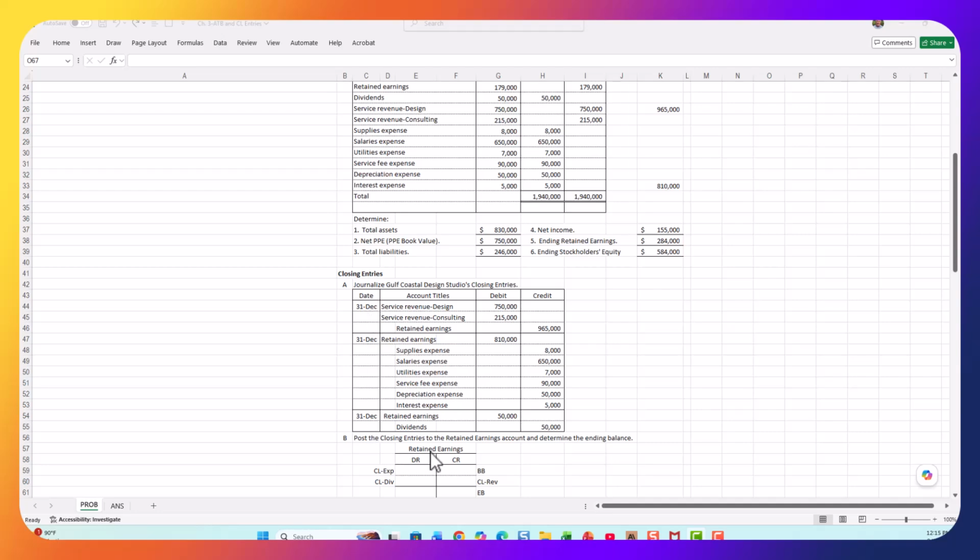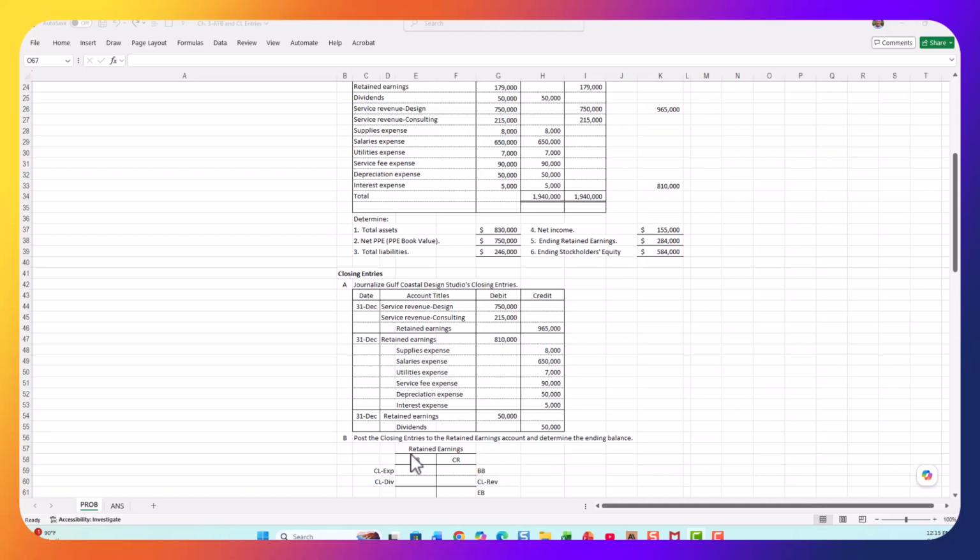At this point, we're going to transfer those balances from the temporary accounts to retained earnings, which is a permanent account. While the journal entry amounts are posted to each account in the general ledger, let's focus on retained earnings.